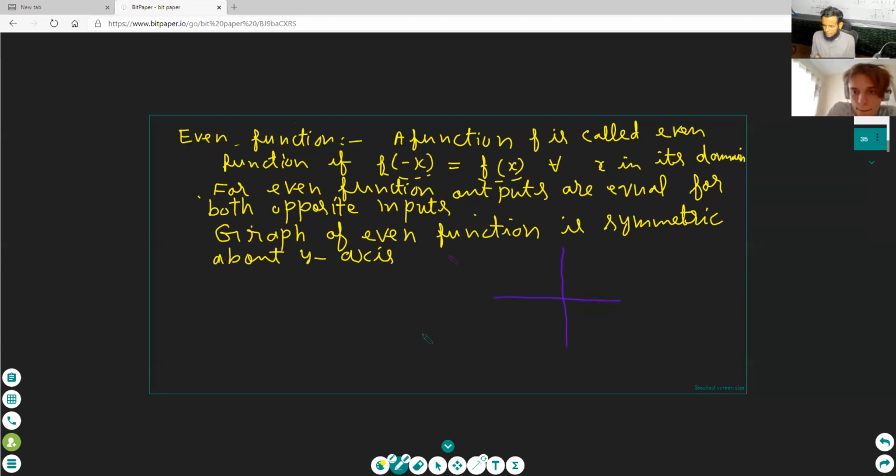Yes. Make the graph. Good, this is symmetric about the y-axis.